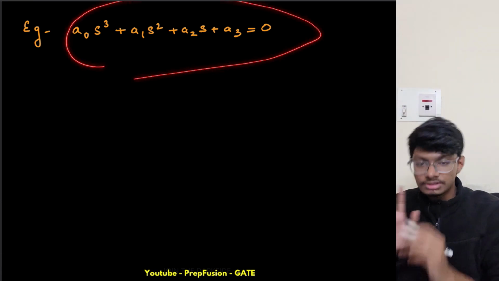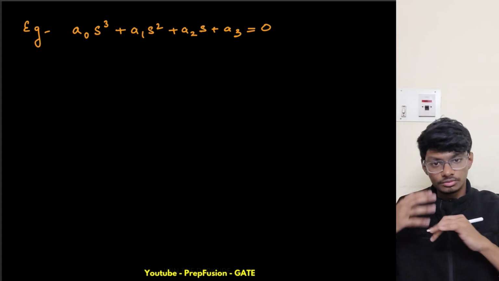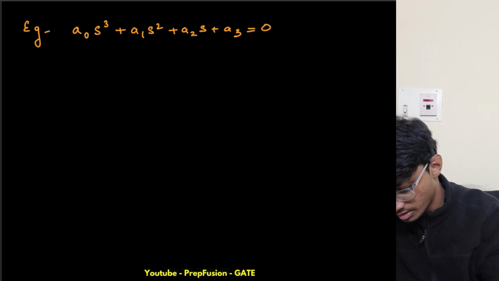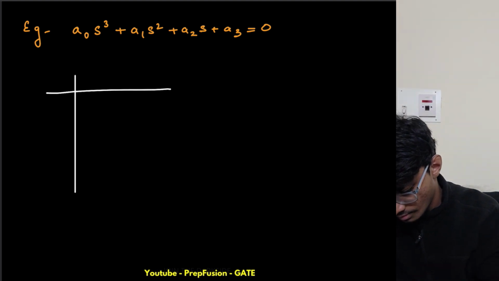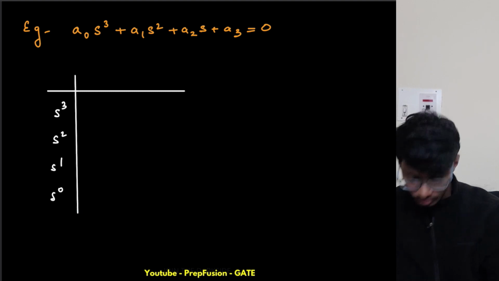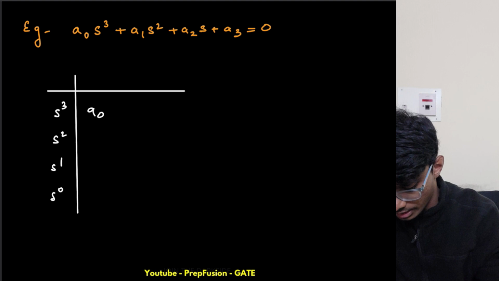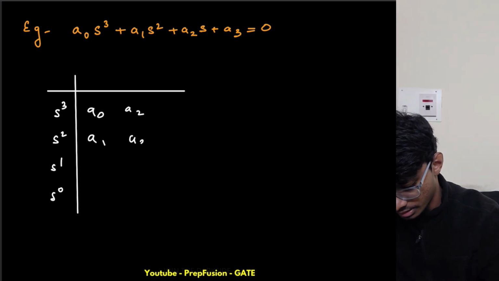So basically this is a generalized third order system. Now let me compute the Routh table for this one. So if I compute the Routh table, what do I get? Basically I have s cubed, s squared, s to the power 1, s to the power 0. Now what else do I have? I have a0 over here and a2 over here, and I have a1 over here and a3 over here.